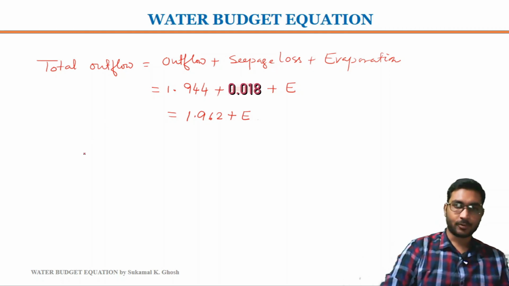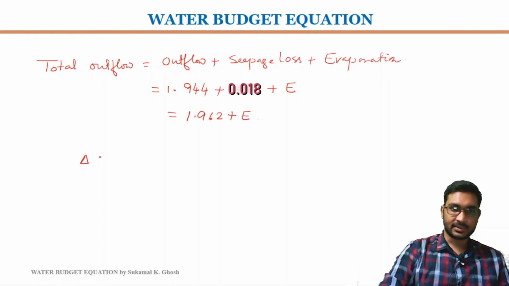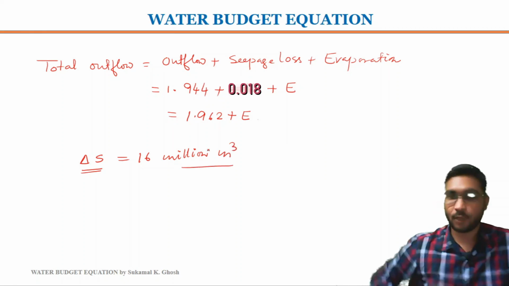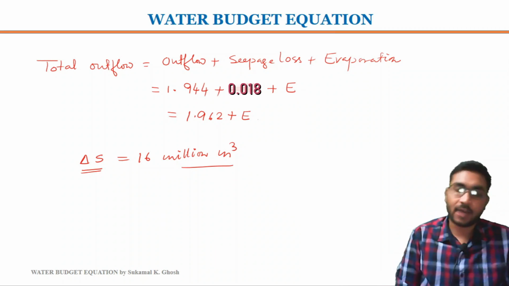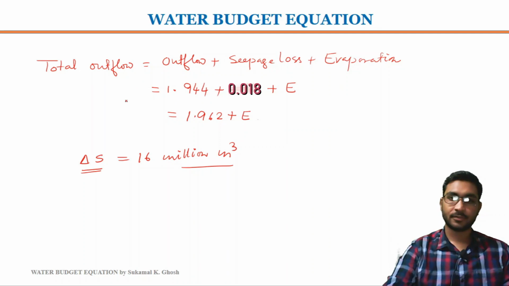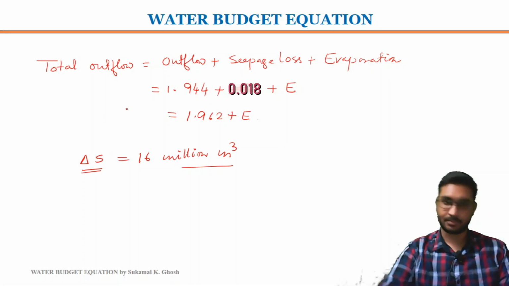Okay, so now we need to calculate the del S. The del S is 16 million meter cube. It means the del S is also given in terms of volume. So now we first need to calculate the del S in terms of depth.